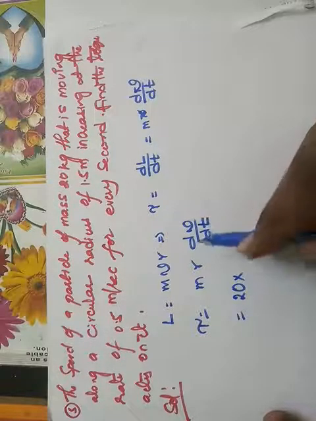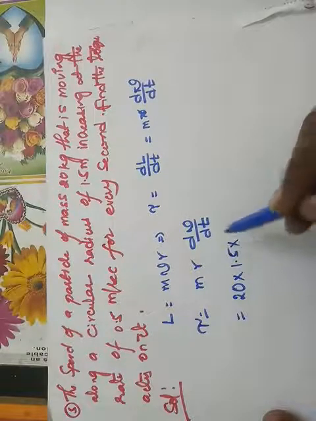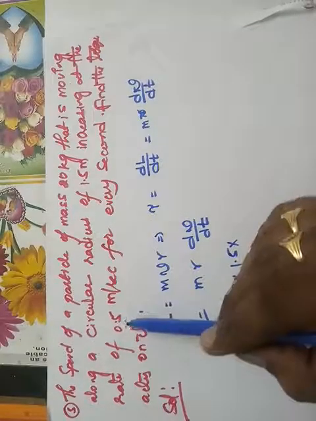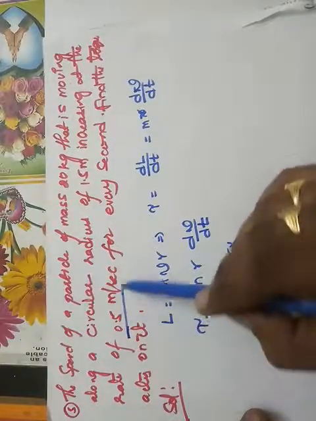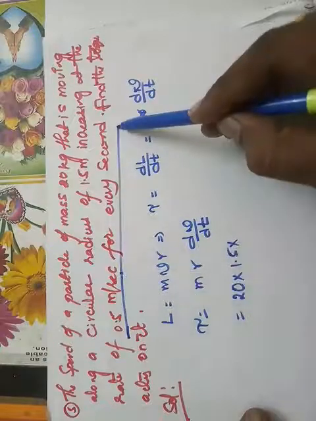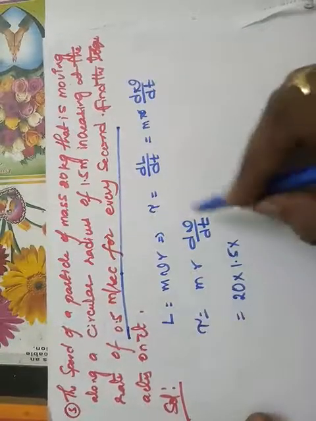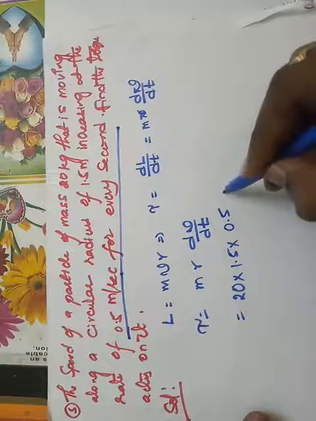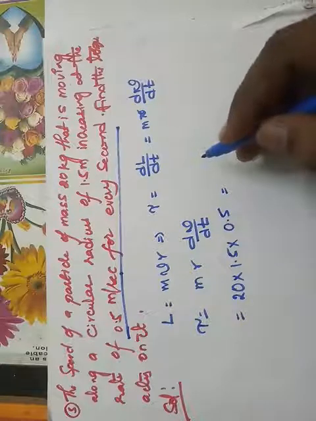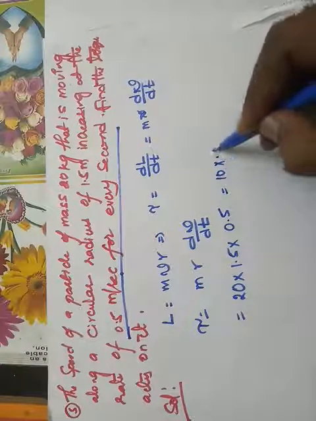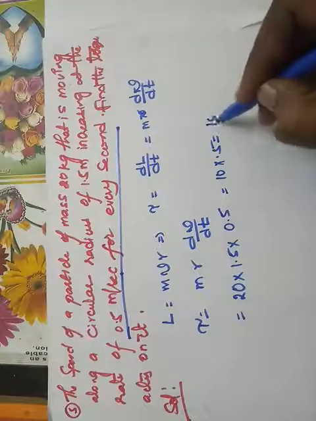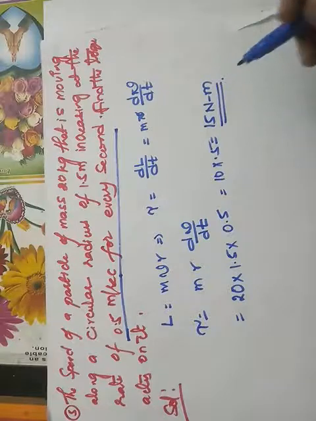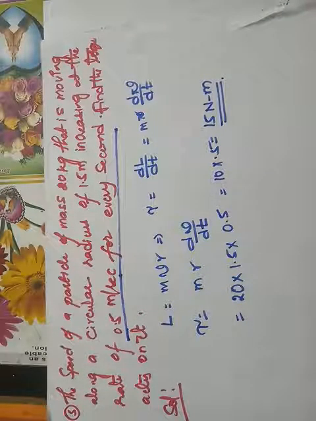The radius is 1.5. And the dv by dt value is 0.5 meter per second for every second, right? Substituting these values, we finally get 0.5 into 20 into 1.5, then we get 15 Newton meter. The torque acting on the particle is 15 Newton meter.